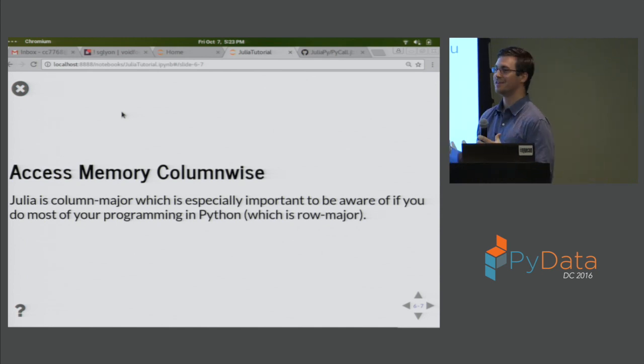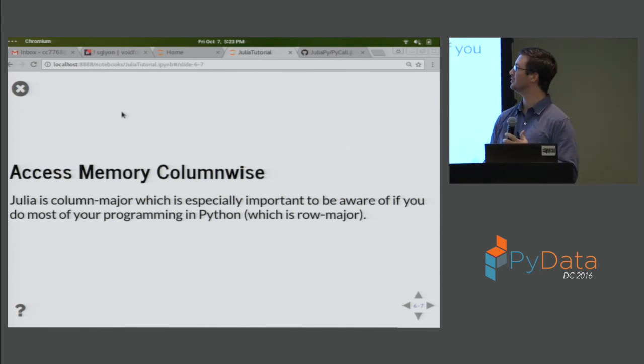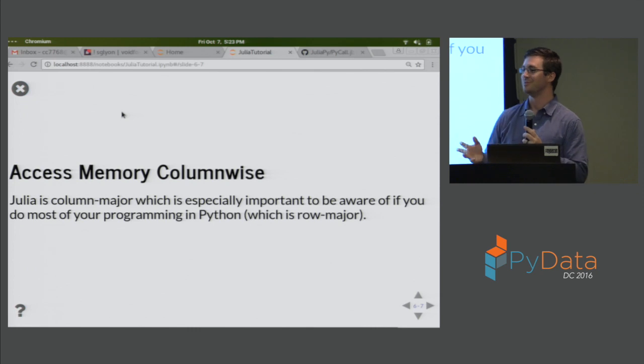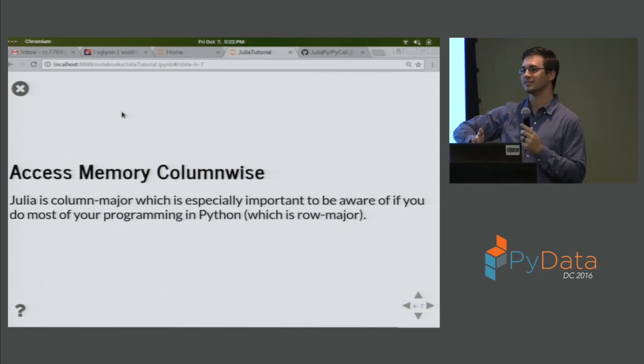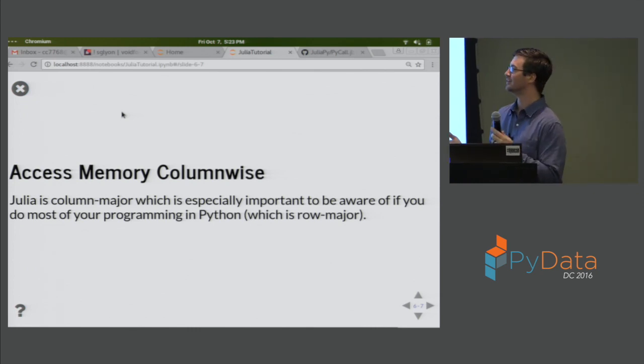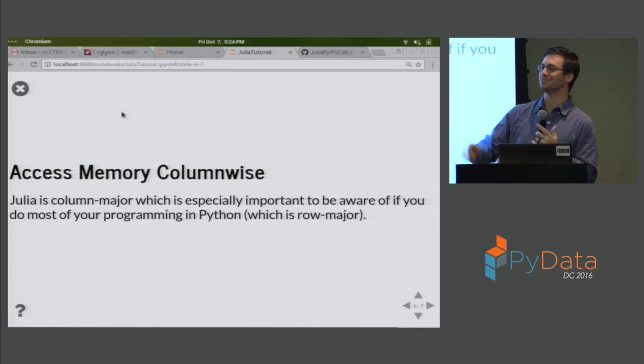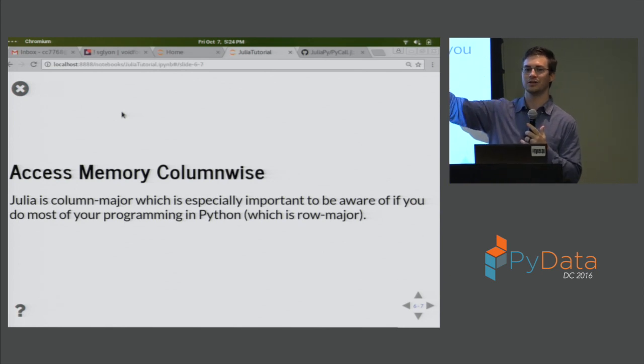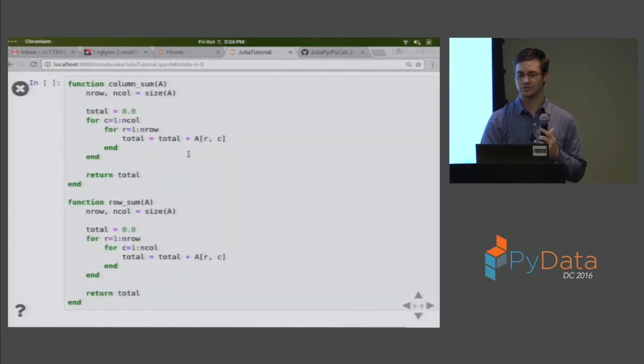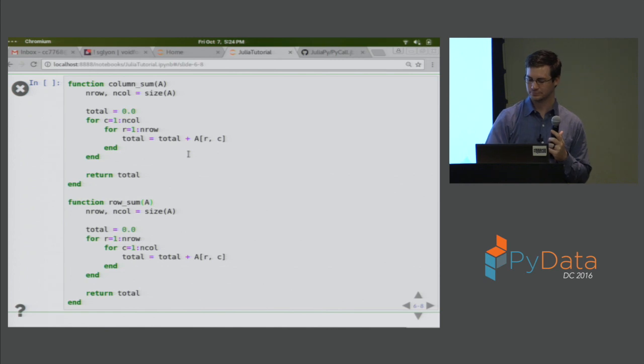Great. So the other thing that you care about in terms of performance is that in Julia, memory is stored column-wise instead of row-wise. This matters a lot because most of us are Python programmers. So we can do another simple example.